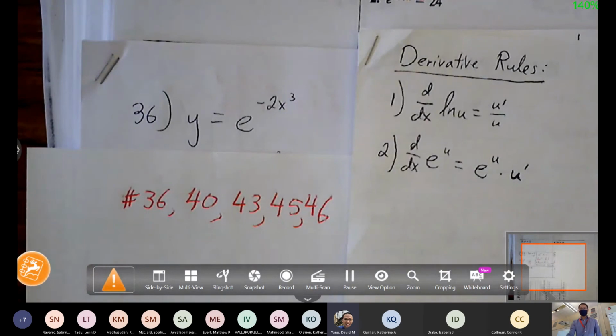So let's start off with the easier problem, number 36. We're just trying to find a derivative for e to the negative 2x cubed. And the only thing we need to do is match the rule and be able to apply it.